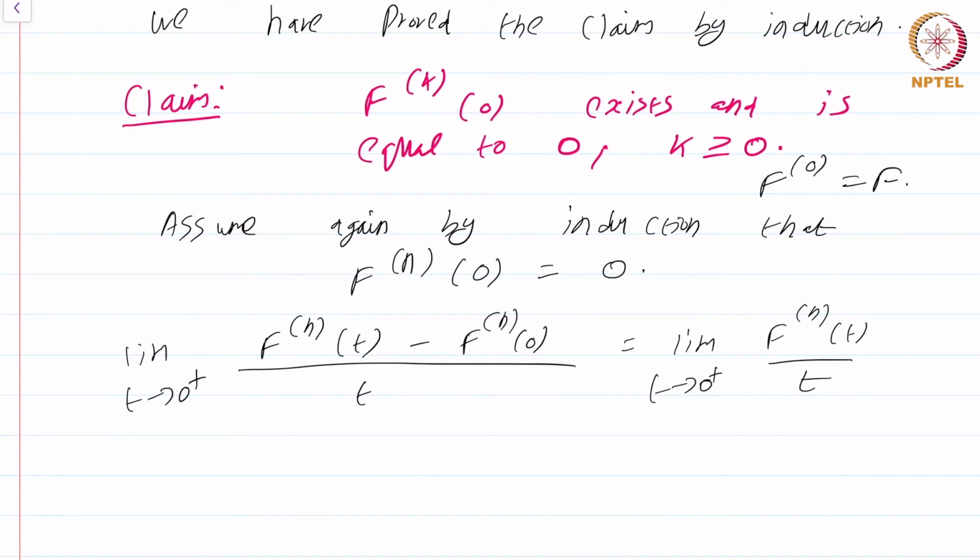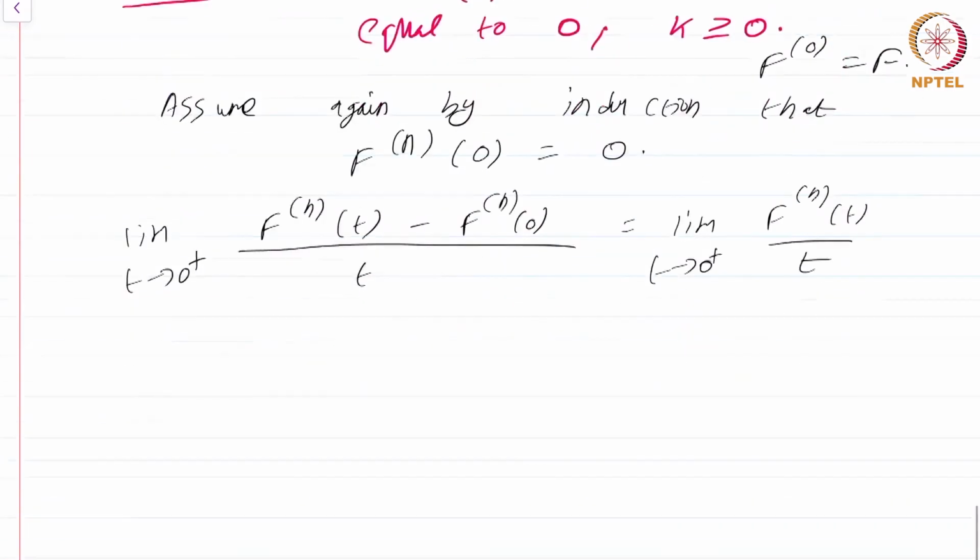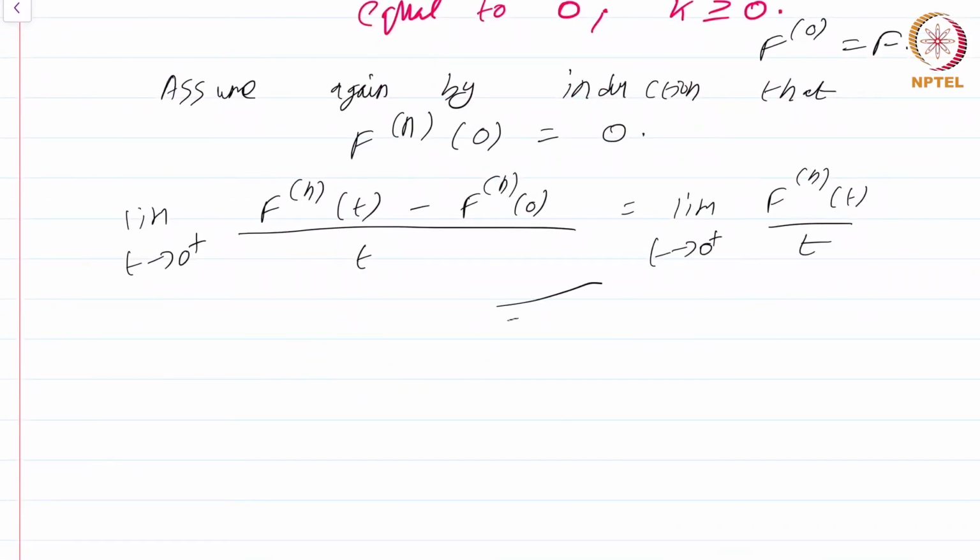Now you might understand why we tried to claim that f^(n)(t) is of a particular form. What is f^(n)(t)? This is just p_n(t) e^(-1/t) divided by t^(2n), and then divided by t.